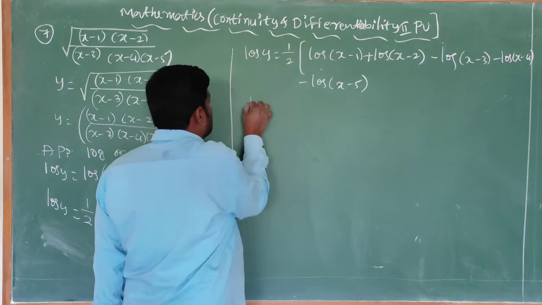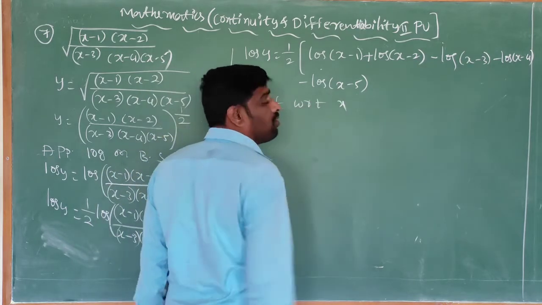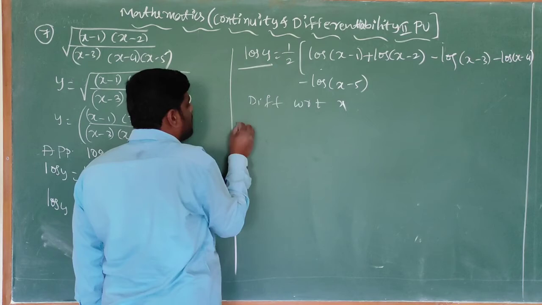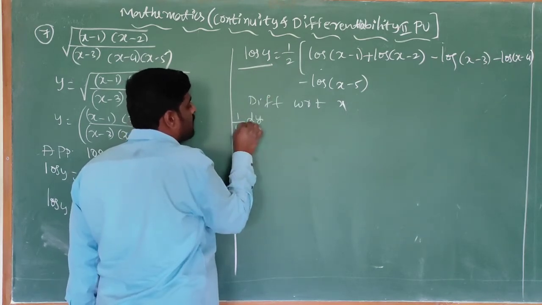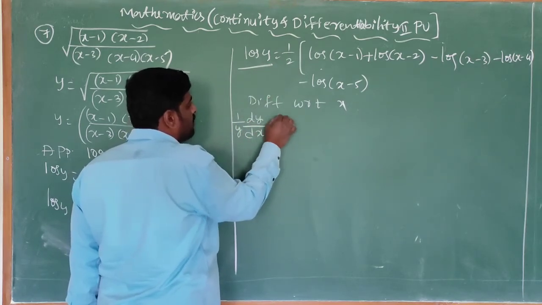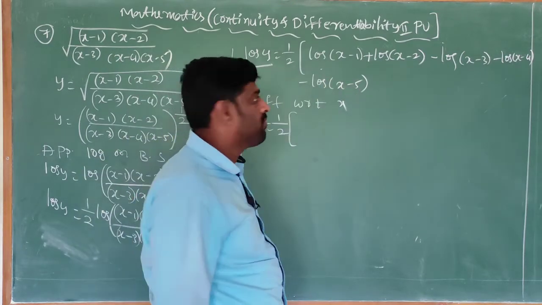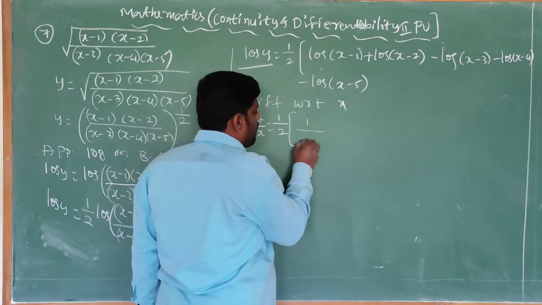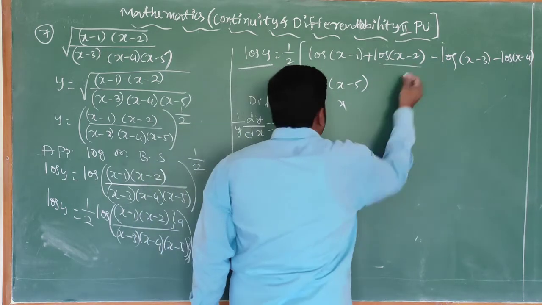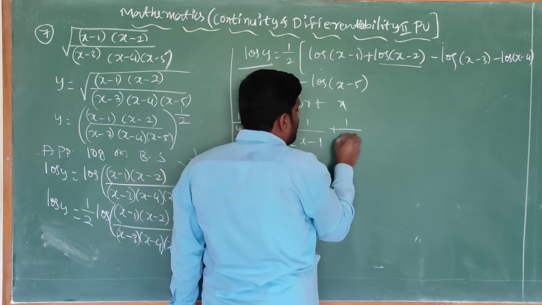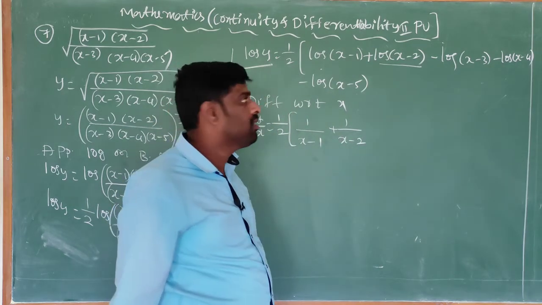Now differentiate with respect to x. Log y differentiation is 1 by y into dy by dx, is equal to 1 by 2 times: log of x minus 1 differentiation is 1 divided by x minus 1. Log of x minus 2 differentiation is plus 1 divided by x minus 2, and x differentiation is 1.